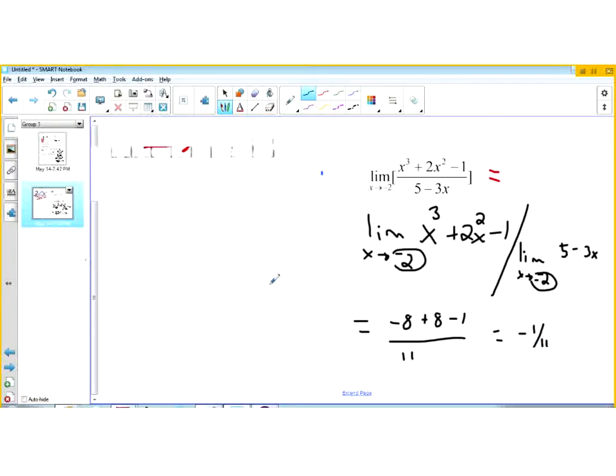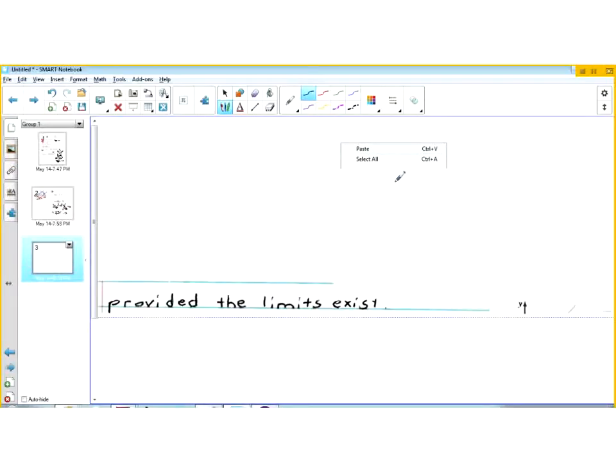Okay, so next page. So let me write that out.